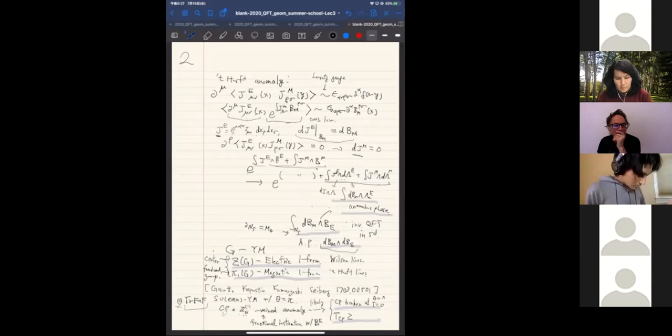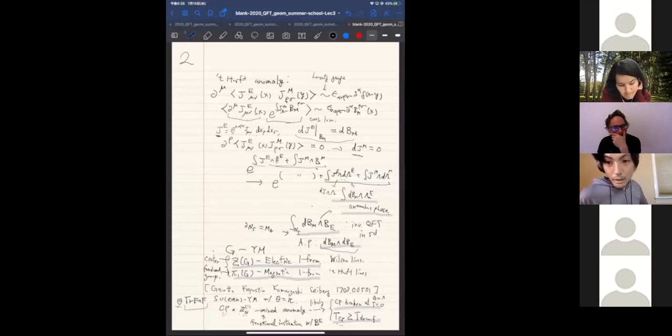Also, if you turn on the temperature, corresponding to the circle compactification, the temperature where the CP is restored should be above the temperature of the deconfinement transition, under some assumptions on top of the anomalies. Those were the predictions, and it's somewhat surprising that you can say something about the phase transition of this pure Yang-Mills theory from just an analytic or topological viewpoint.